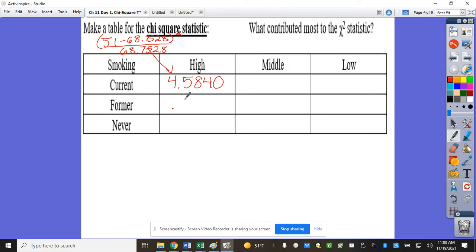I don't think so. Somebody get something different for that? Yeah. 8503. It probably was just where you put the square or you forgot to put the square. Never, I get what? 1.4813.